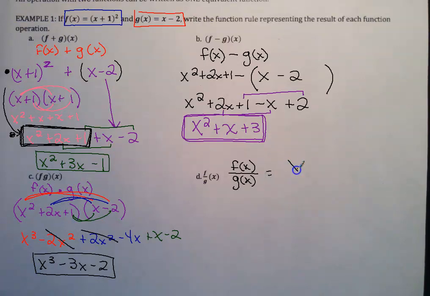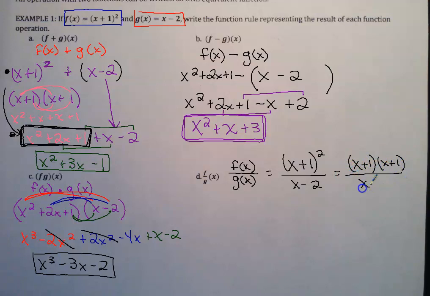So if we leave it as x plus 1 squared over x minus 2. After I said it, I knew I was wrong. Or you could also say this is x plus 1 times x plus 1 over x minus 2, just so you can see all the different components.